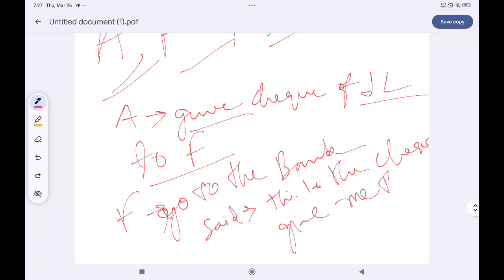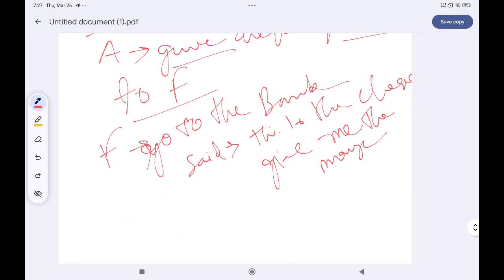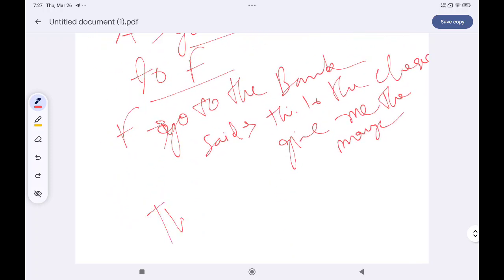So who will give the money ultimately? The bank. The bank will give the money.